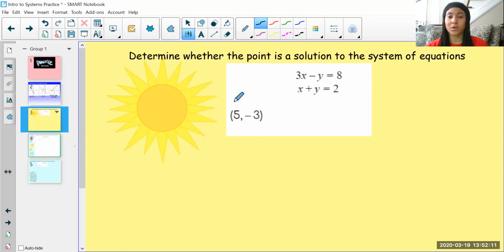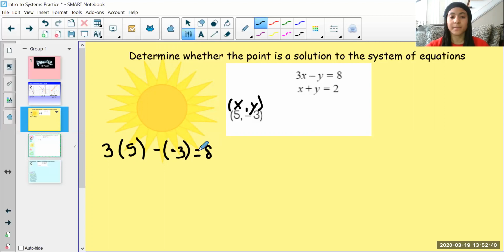Remember, an ordered pair is written in the format of x and then y. So the 5 is going to represent my x value, and the y is going to be represented by -3. So if I were to write my first equation, we have 3 times 5 minus y, which is -3. So be mindful of that, ladies and gents, equal to 8.